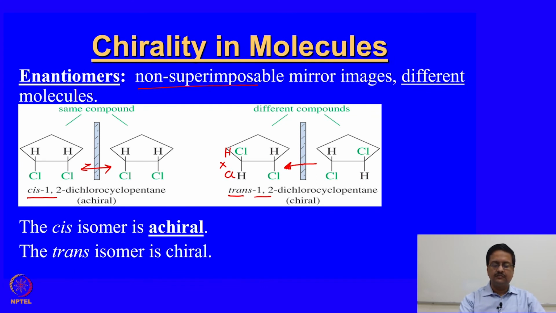Therefore, this compound and its mirror image are two different compounds, and that is why we can consider that trans-1,2-dichlorocyclopentane is a chiral molecule. So we will end this session here, and in the next lecture we will start learning about Fischer projections. Thank you.